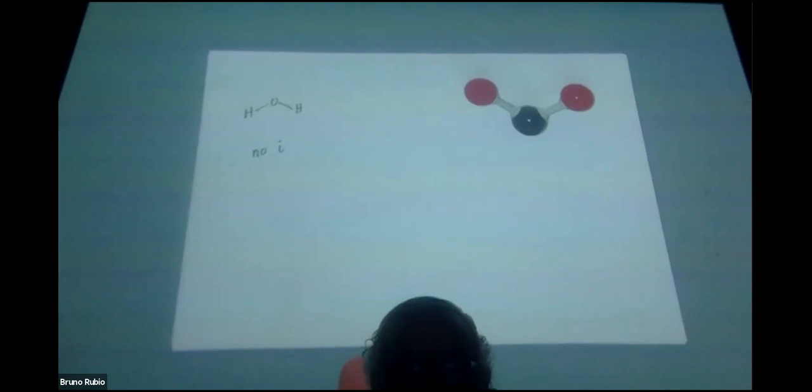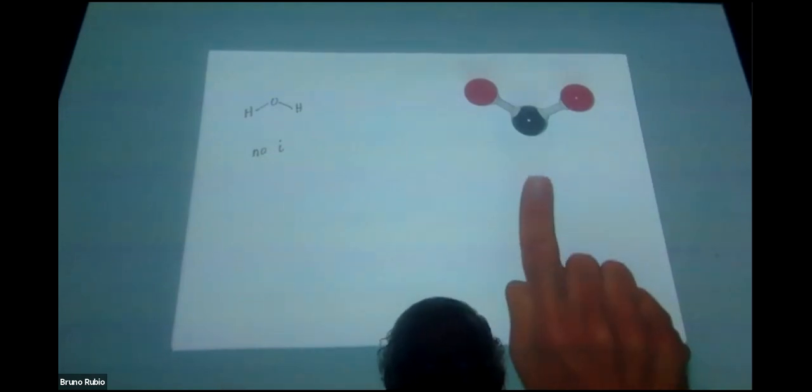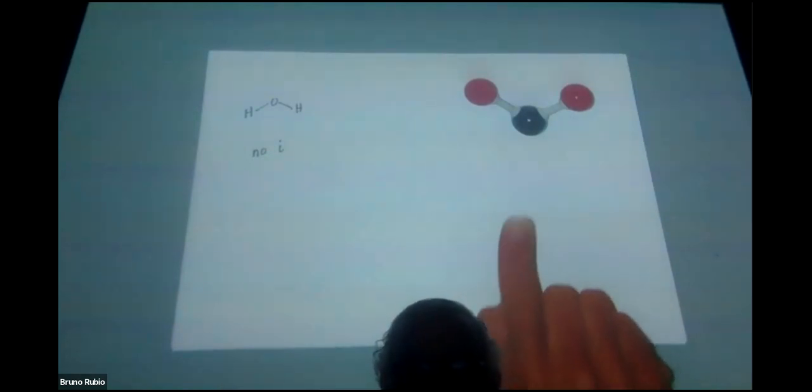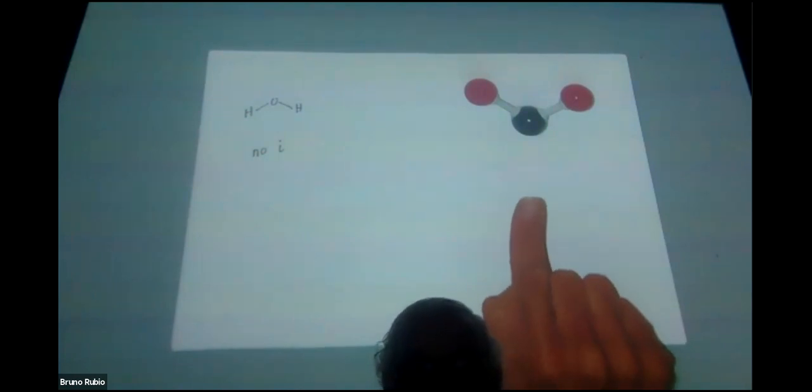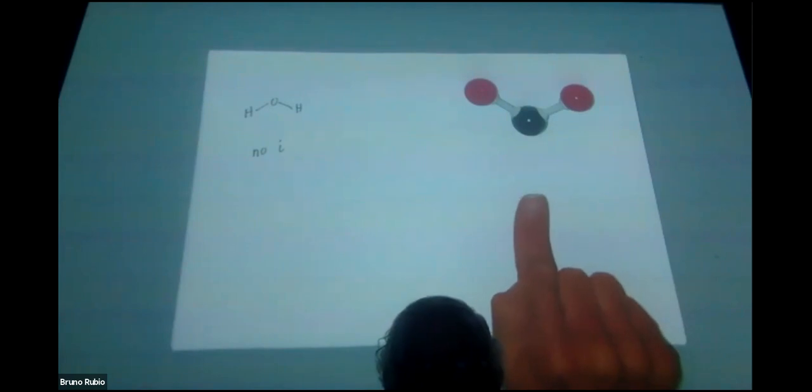Okay, and so now the question's a little bit more complicated, because a molecule can only have one center of symmetry, but a molecule can have multiple planes of symmetry. So look at this water molecule and tell me, how many planes of symmetry does it have? The question is no longer, does it have a plane of symmetry?